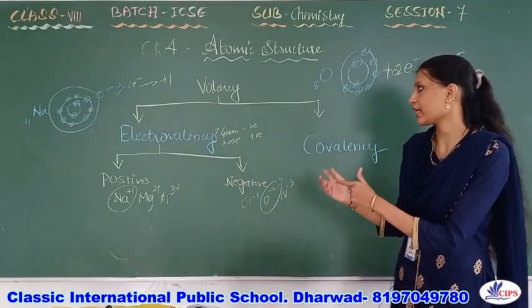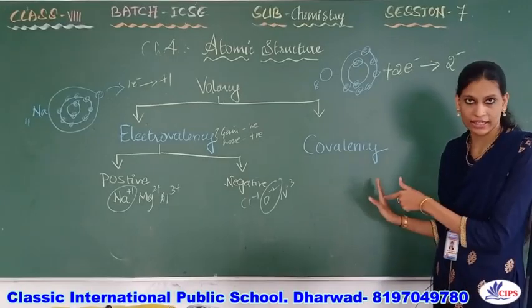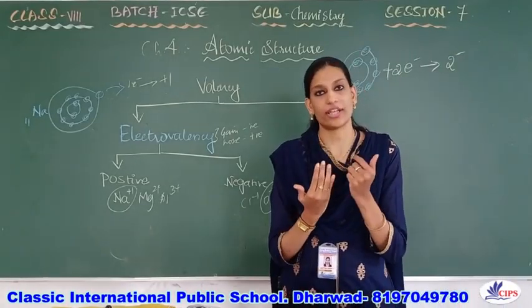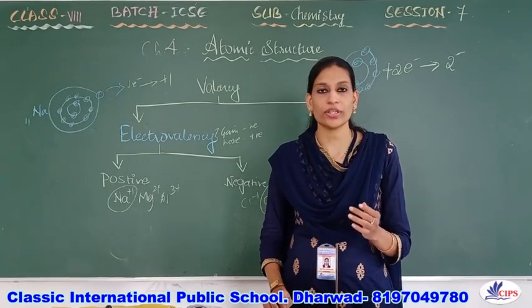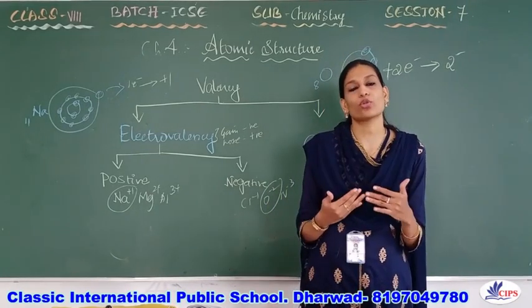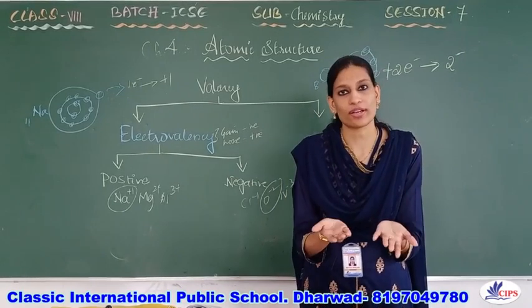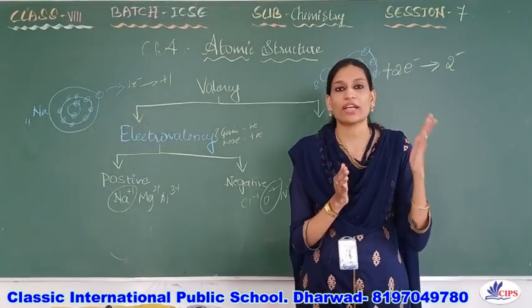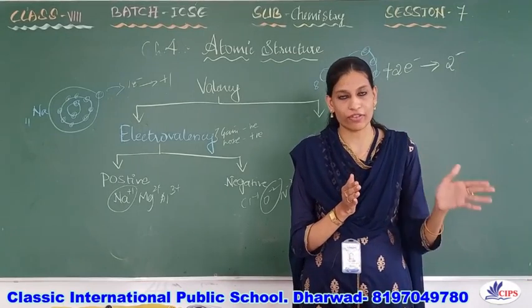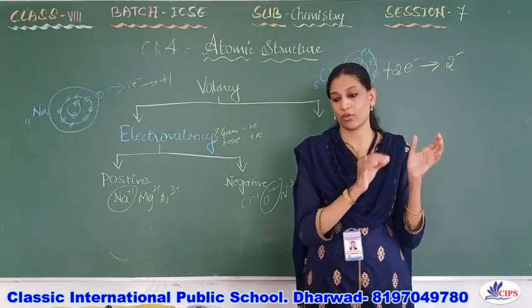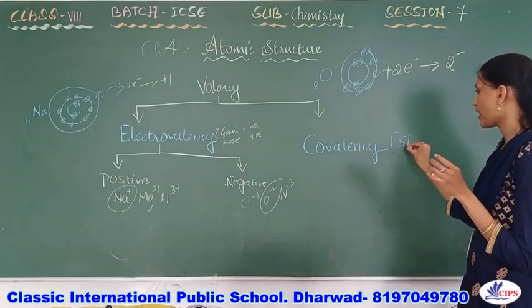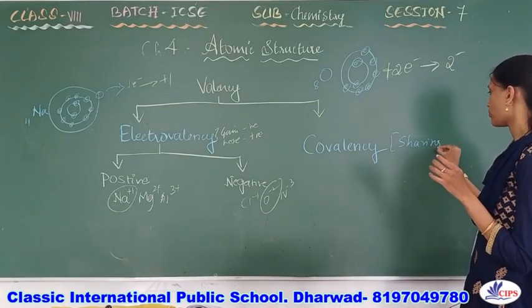Next we have another type of valency, that is covalency. Covalency is a valency in which the electrons are shared. It is like, you know students, if you have given me 2 chocolates, I am giving you 2 chocolates back. It is like that. Covalency is nothing but sharing of electrons.